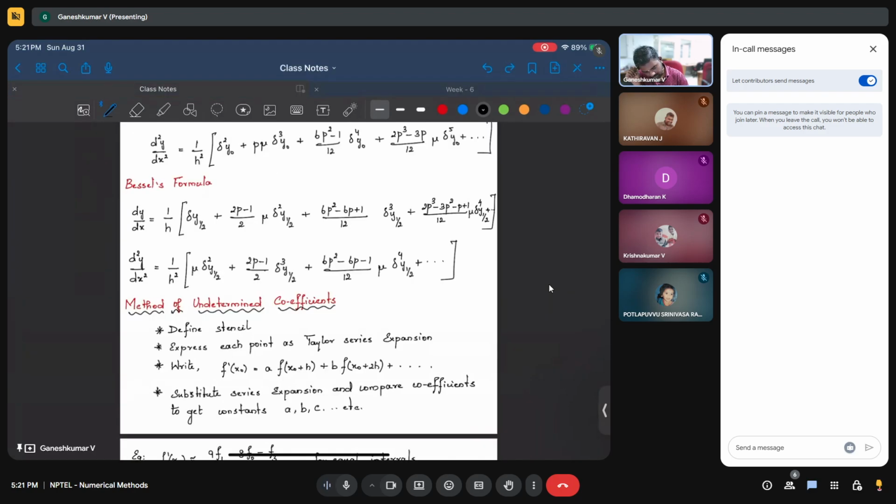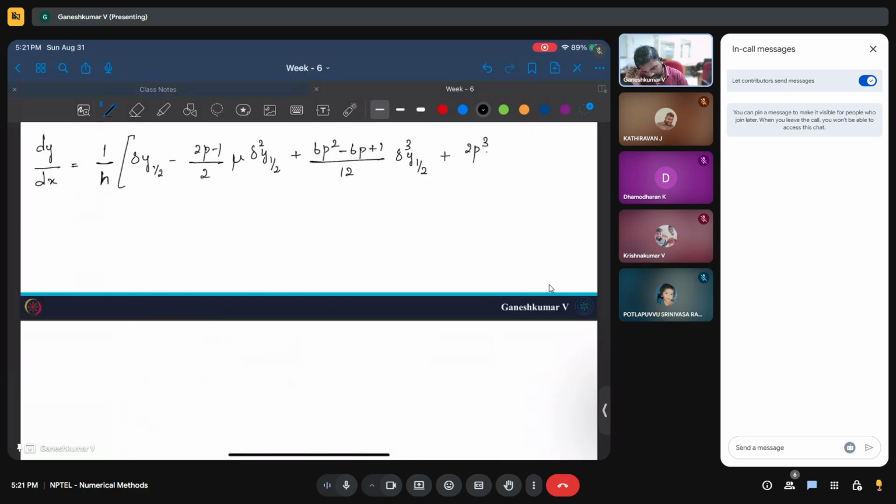I think the professor didn't write that. Okay, he wrote it. Minus 3p square minus p plus 1 divided by 12.